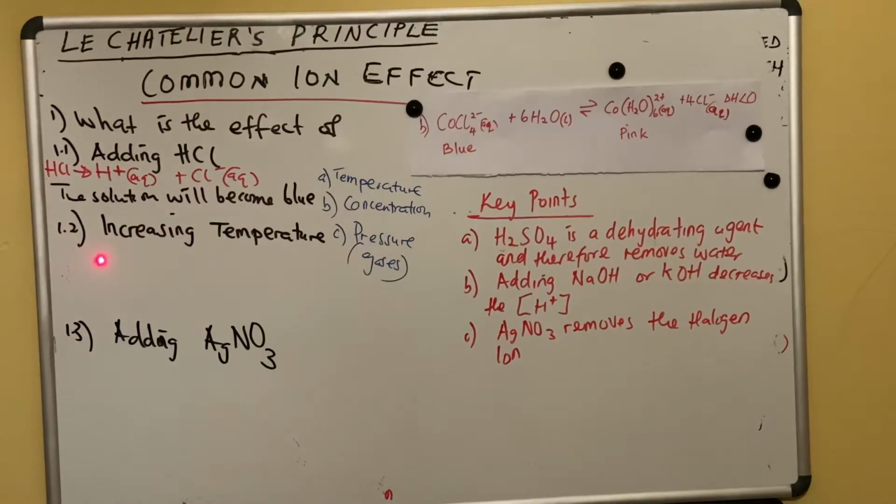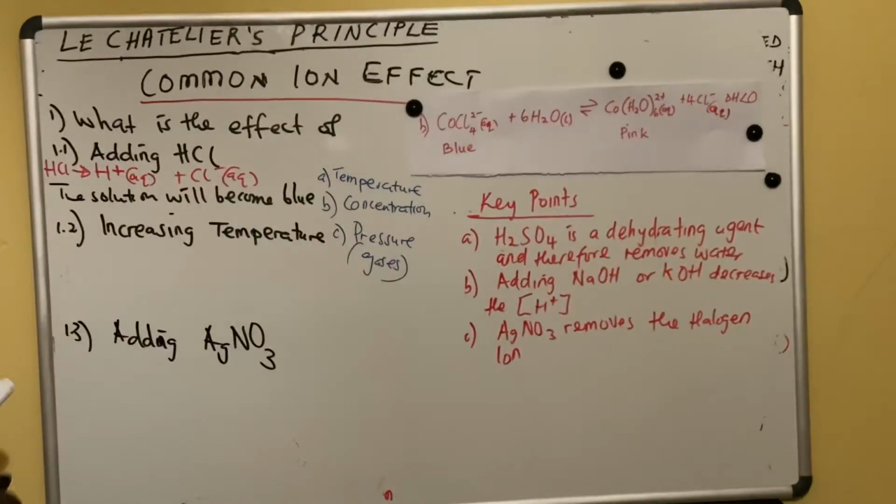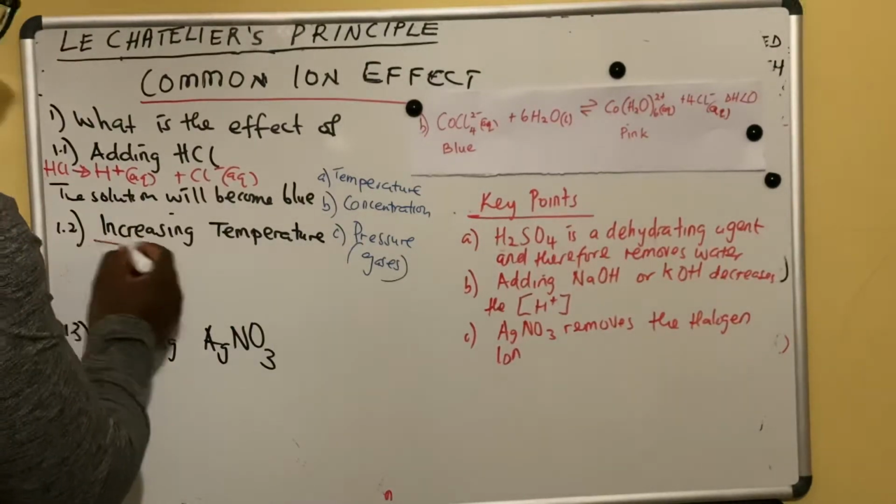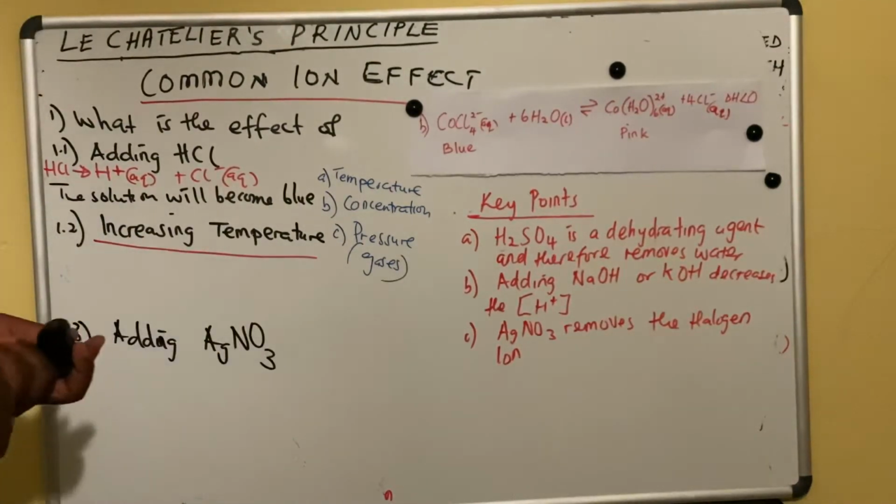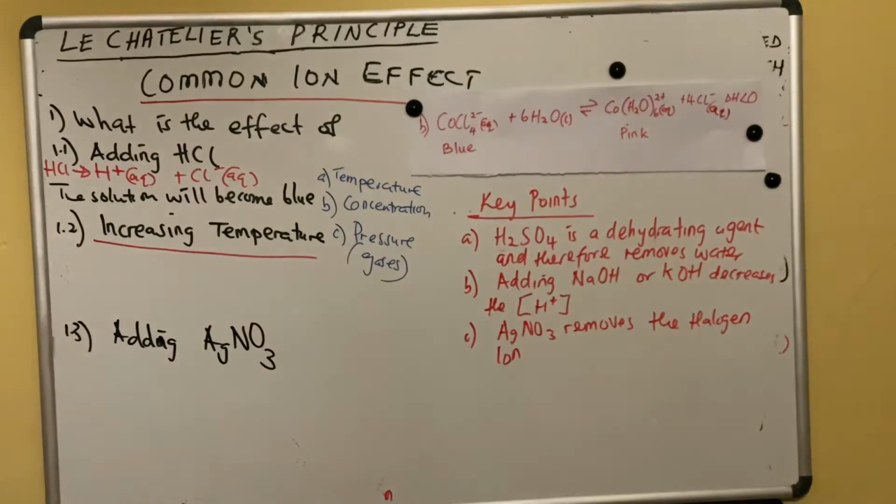Now let us say we increase the temperature. That is sub question number 2. So when we increase the temperature, we are now guided by this part of the equation, the part where the enthalpy change is written. So this enthalpy change is the one that guides us.